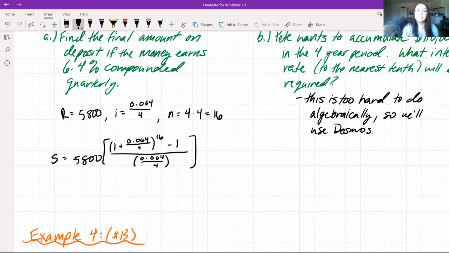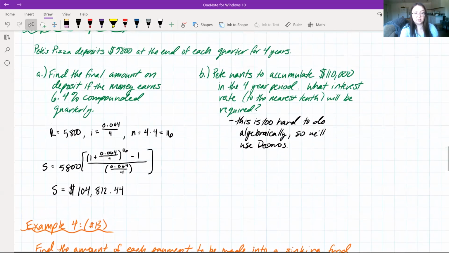All right, so as always, I invite you to work on this problem on your own. And if you do, you should end up getting, our final amount is $104,812.44.